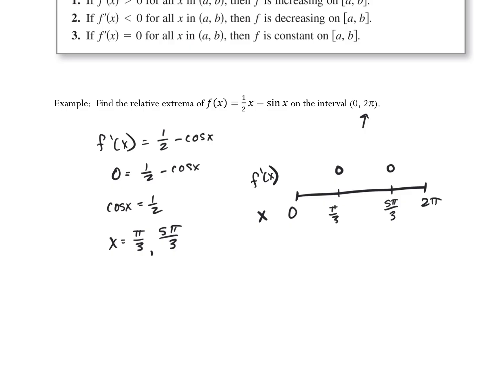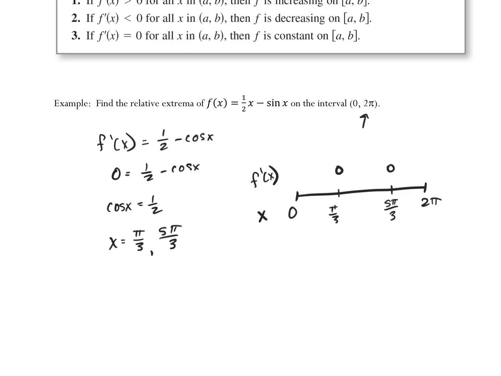So here's what we're going to do. We're going to pick anything we want. What's a value in between 0 and pi over 3? You could say 1, but I don't want to plug 1 in here. So I'm going to pick pi over 6 because I like pi over 6. I'm going to do 1/2 minus the cosine of pi over 6. I don't need to know the exact number. I just need to decide, is it positive or negative?